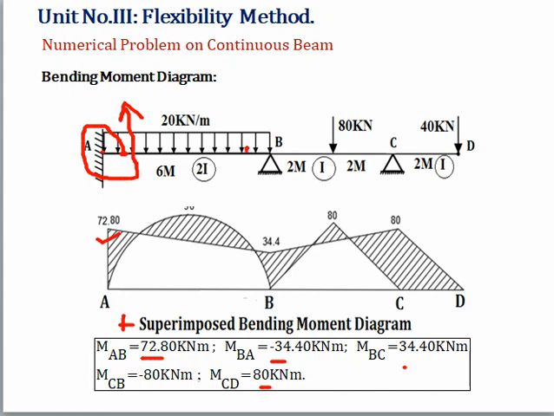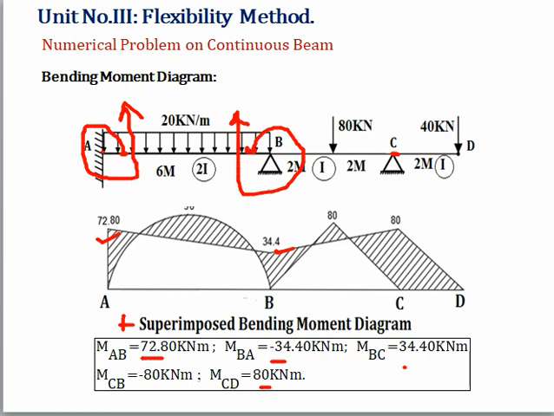For B, keep your pen close to B. The moment is minus 34.40 kilonewton meter. So you have to rotate in a clockwise direction about B. Your sign is minus, that's why the clockwise direction. So coming up, show up 34.4. Then show at C. At C, we know the moment is 80 kilonewton meter.